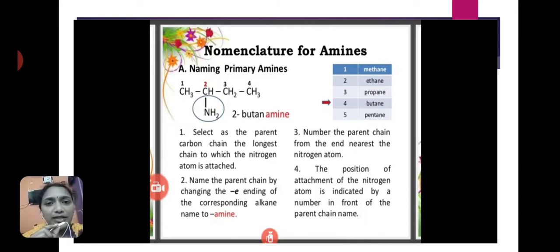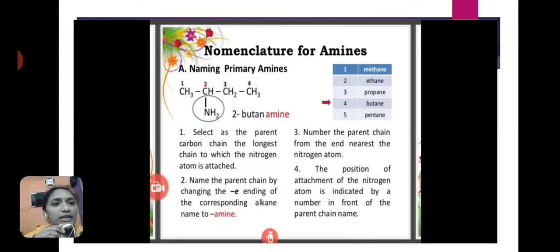So butane plus amine equals butanamine, propane plus amine equals propanamine.